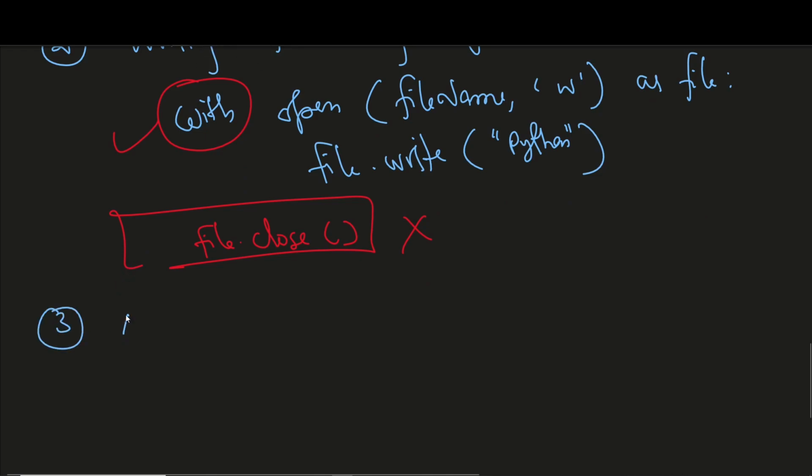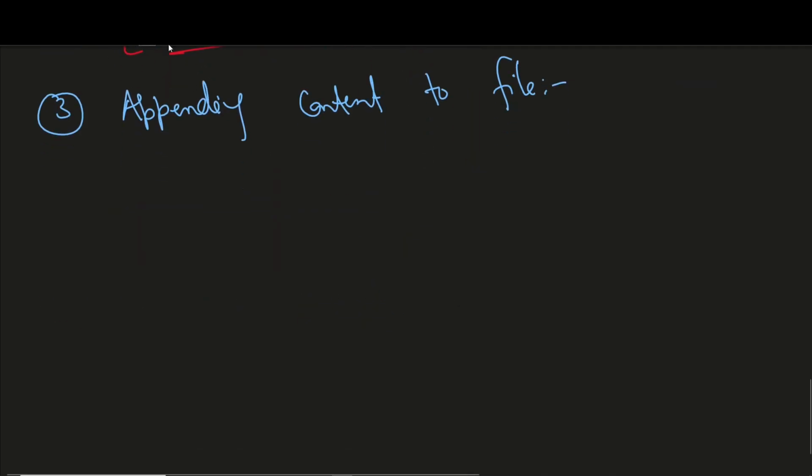Now the third thing is appending content to a file. So what you have to do is again use the open method, give a file name, and then use a here as file. You can write any name here and use with it, and then you can write file.write.